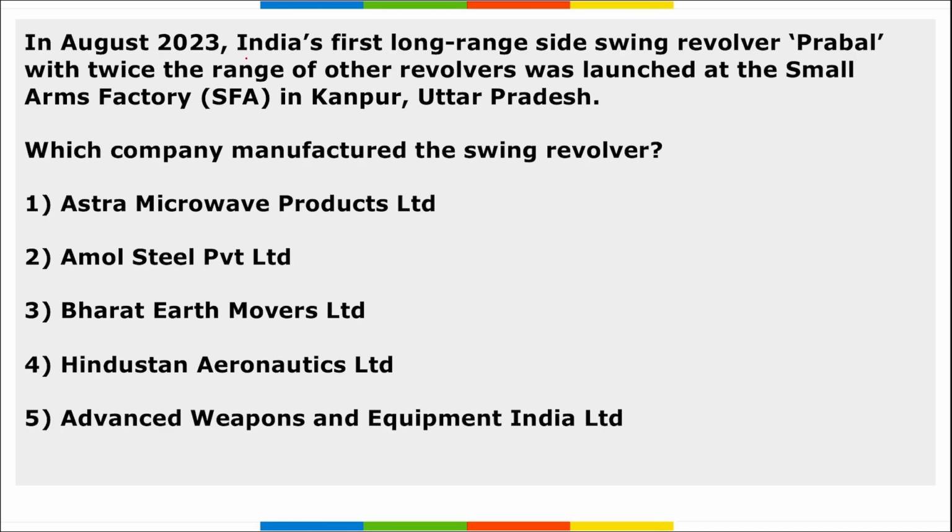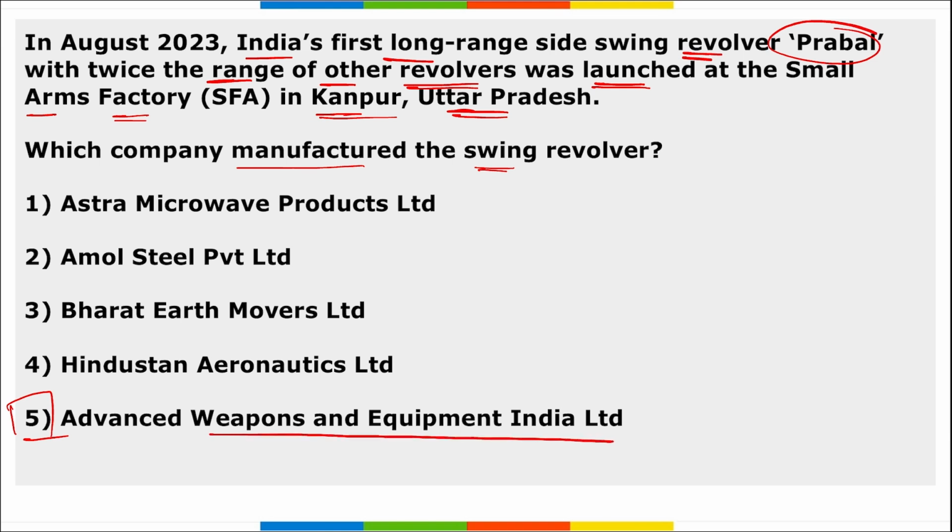Next, India's first long-range side-swing revolver, Prabal, with twice the range of other revolvers, was launched at the Small Arms Factory in Kanpur, Uttar Pradesh. Which company manufactured the swing revolver here? So it was manufactured by Advanced Weapons and Equipments Limited. The name of the swing revolver here is Prabal. It is twice the range of other revolvers, and it was launched at the small arms factory that is in Kanpur, Uttar Pradesh.